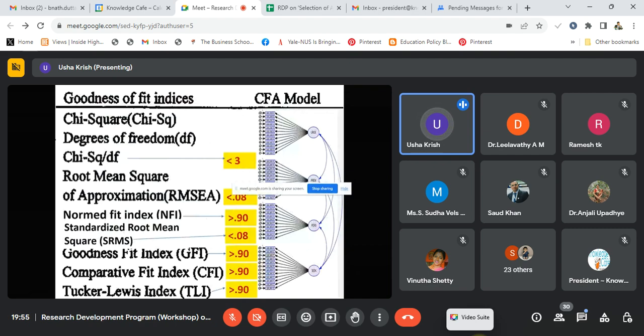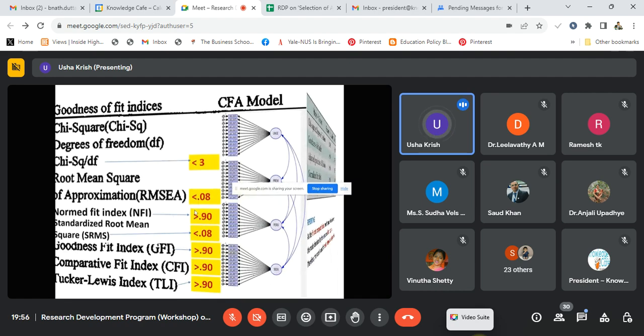In case of goodness of fit index, the value should be more than 0.90. In case of comparative fit index, the computed value should be more than 0.90. In case of Tucker-Lewis index, the computed value should be more than 0.90. So this slide shows only the specified threshold limits. We'll move to the next one.